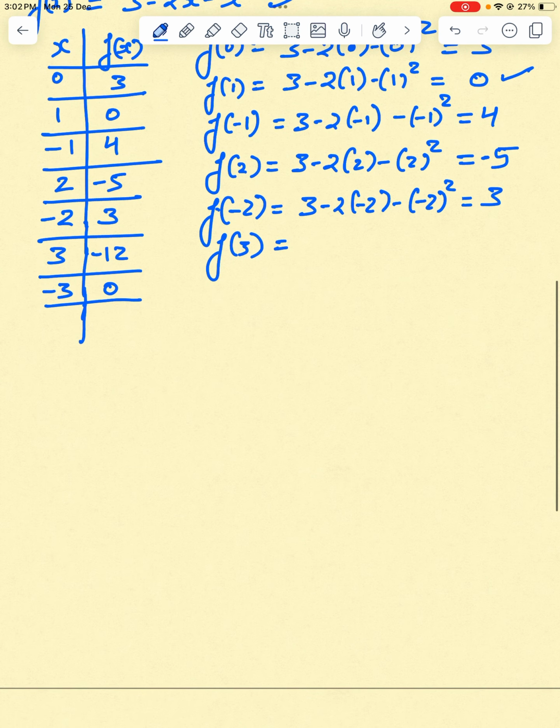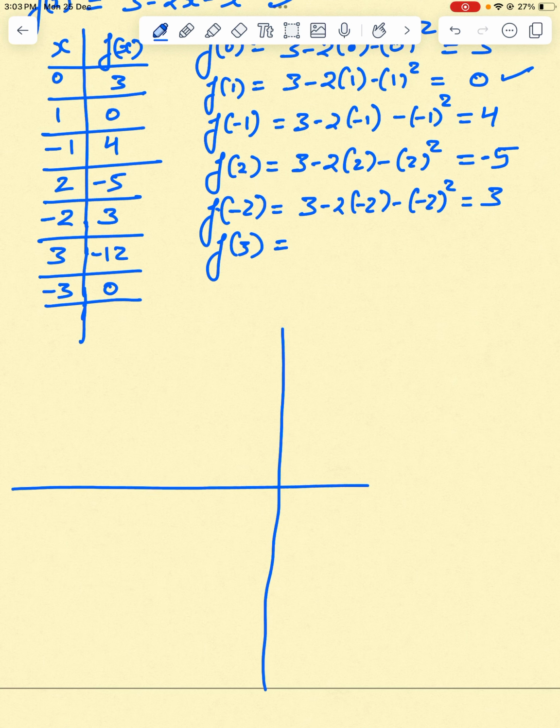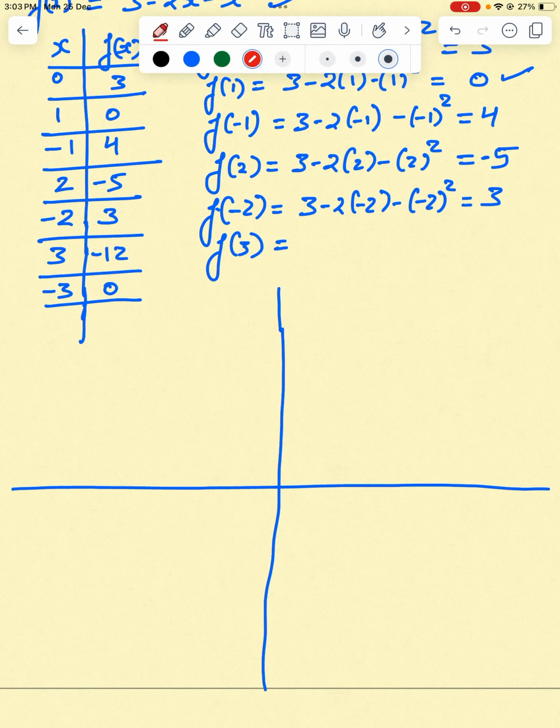Now let's draw the graph. It's basically just for your understanding. We will see the actual graphical representation on the graph paper also. So here write the values of x: 1, 2, 3, minus 1, minus 2, minus 3.